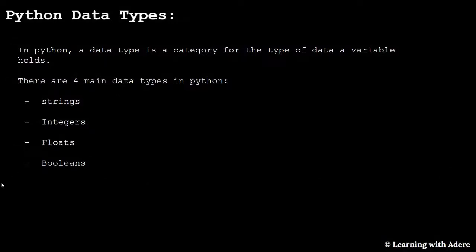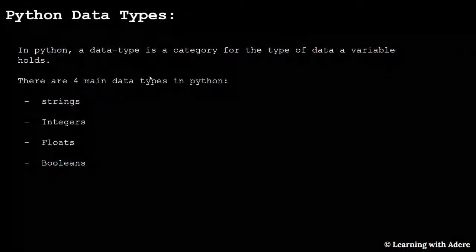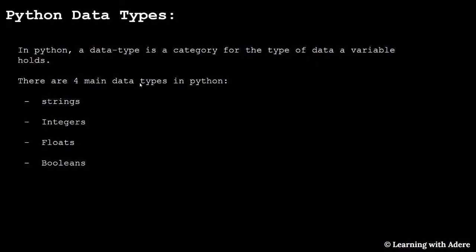I'm not sure if date or currency are part of the Python data types. I guess I need to learn them, or I don't remember them right now. So we're just going to continue with the presentation. We're discussing the four main ones, and these are the ones we need to know to continue with this course and get to the next steps of what we're going to be doing in the future. So we're going to learn strings, integers, floats, and booleans.